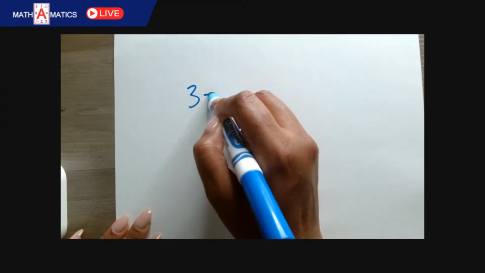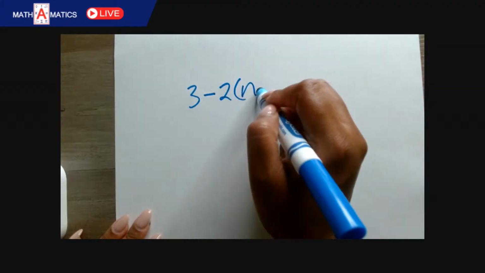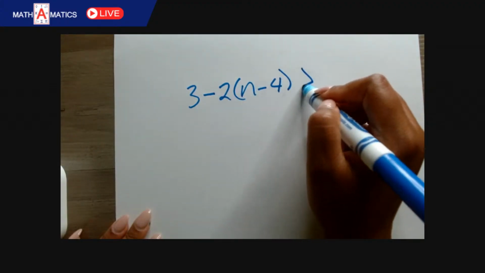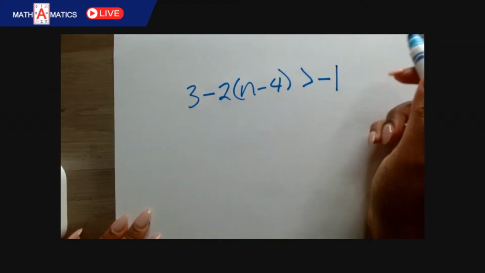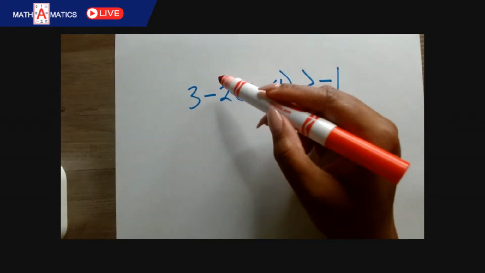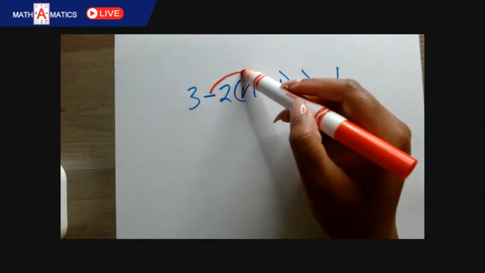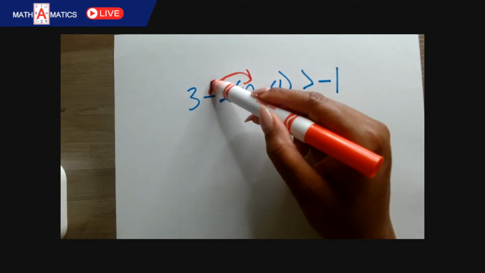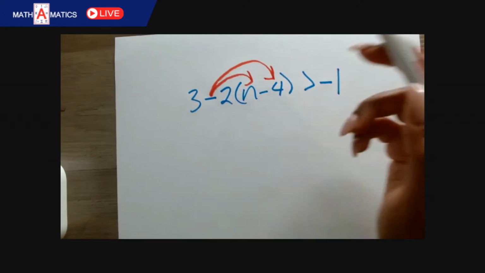Okay. Let's do another like distribution. 3 minus 2 times n minus 4 is less than -1. Alrighty, so we are going to distribute again, and this time we are not going to leave our minus behind. So we are going to distribute this -2 to each one.